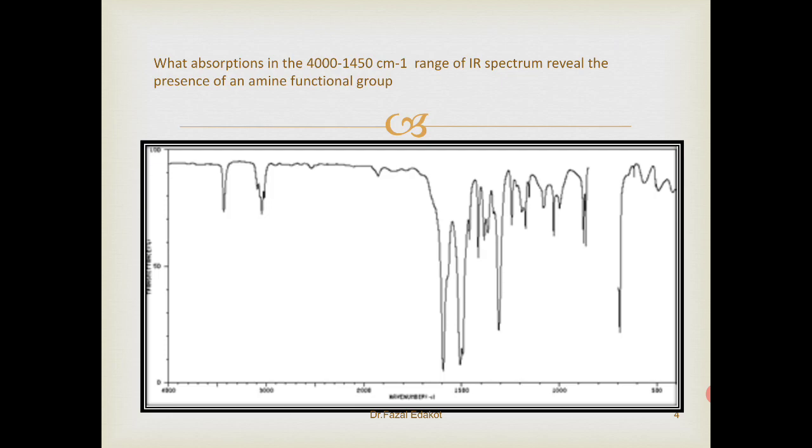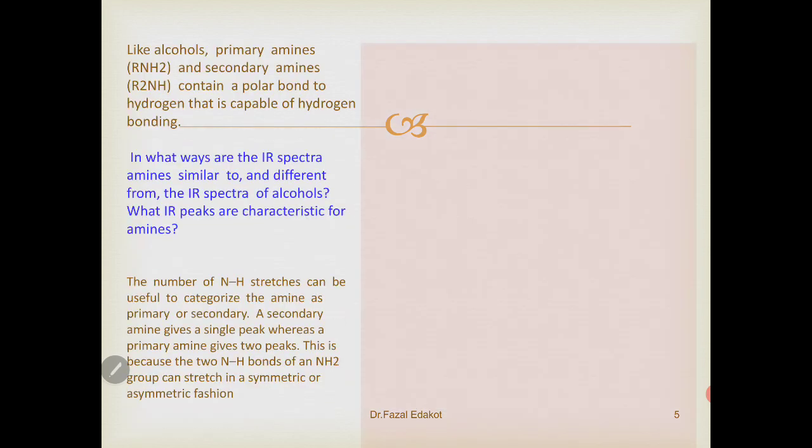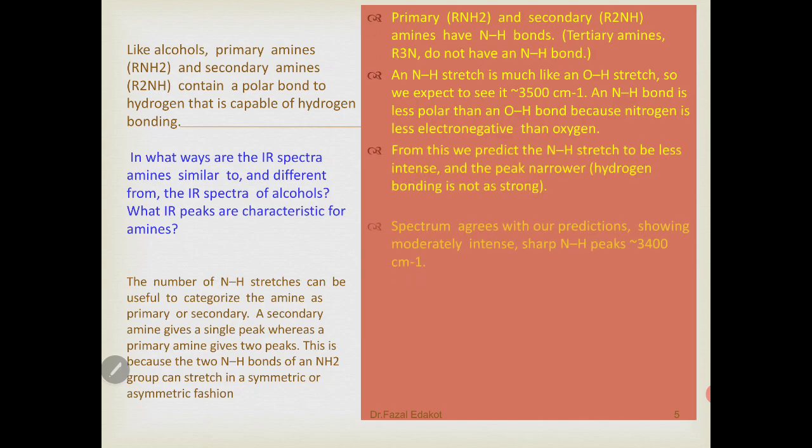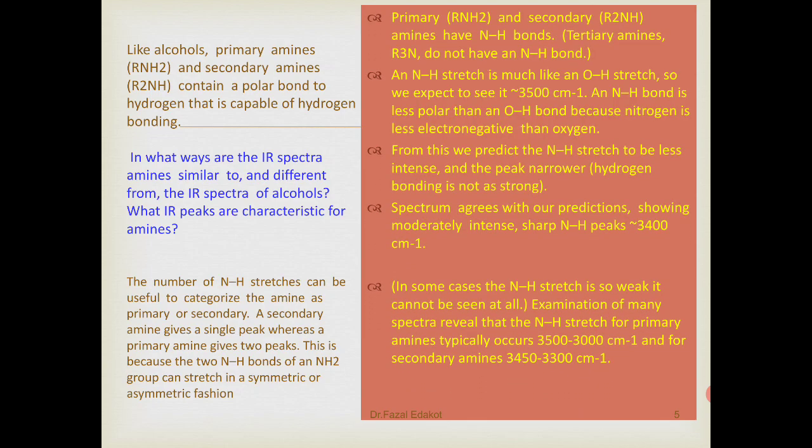See this peak, it comes somewhere at 3400 per centimeter. It is sharp but moderate in intensity. In some cases, the NH stretch is so weak it cannot be seen at all.